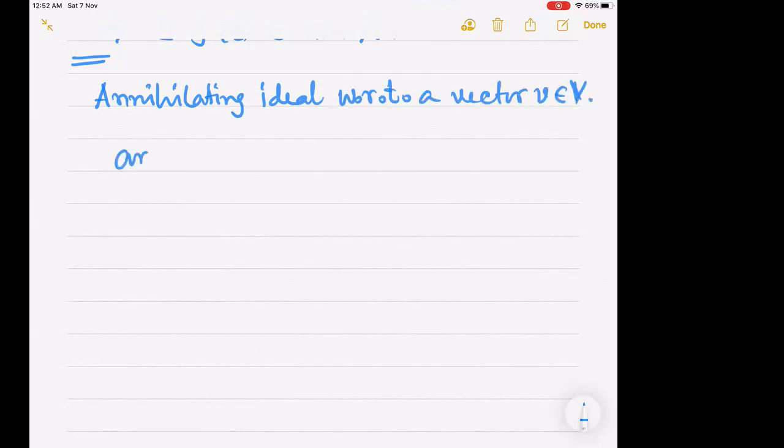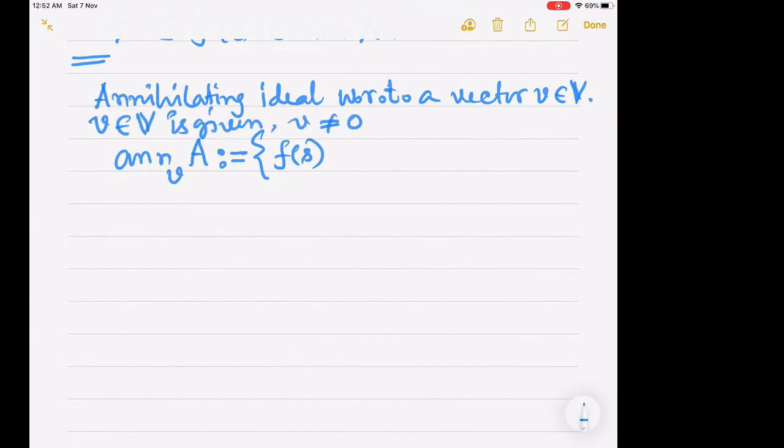So A suffix v, by definition, is the collection of all polynomials f(s). Suppose v in V is given, of course a non-zero vector, defined as the collection of all polynomials such that, now notice carefully, f(A), I don't want f(A) to be the zero operator.